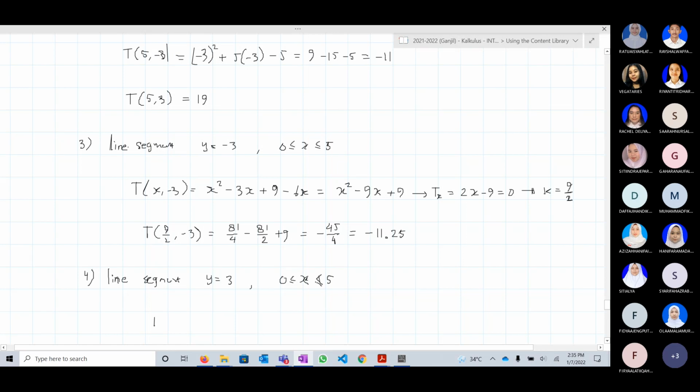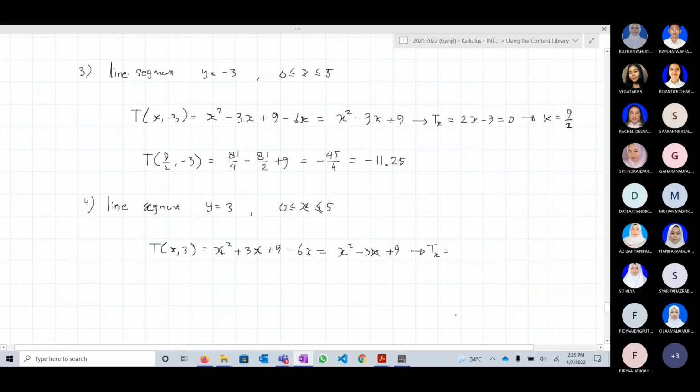So we have here that t x comma 3 is basically x squared plus 3x plus 9 minus 6x, which is equal to x squared minus 3x plus 9.